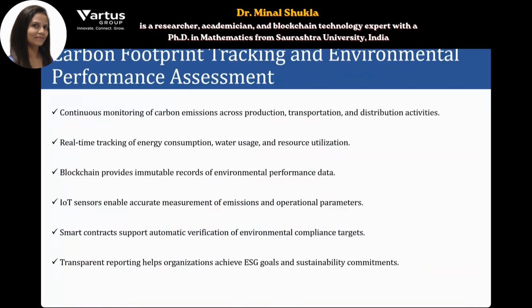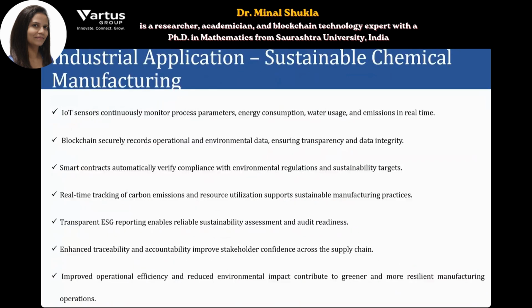IoT sensors enable accurate measurements of emissions and operational parameters. Smart contracts support automatic verification of environmental compliance standards. And finally, transparent reporting helps organizations achieve their ESG goals and sustainability commitments through this technology by combining two technologies. This is what I am telling: IoT and blockchain.